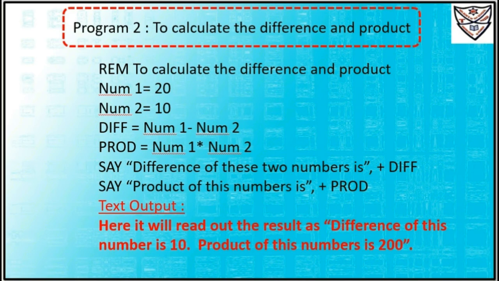Say "difference of these numbers is" plus diff. Say, in double quotes, "product of these numbers is", then a comma, plus product. Here it will read out the result as: difference of these numbers is 10, product of these numbers is 200.